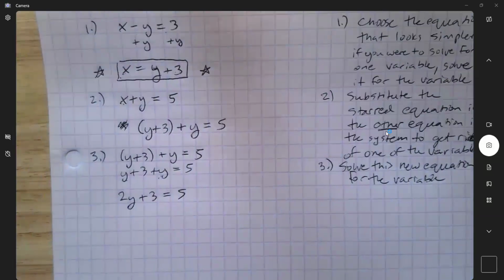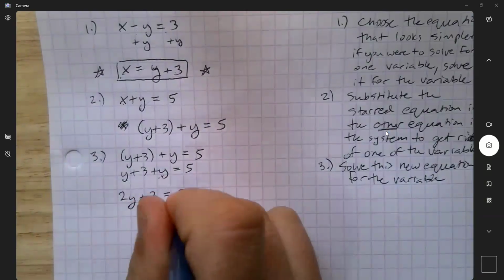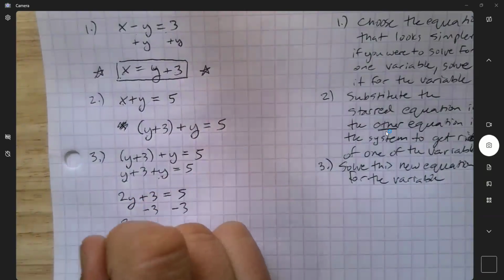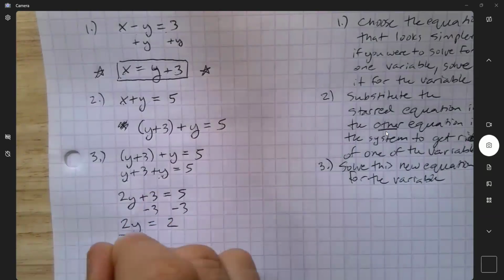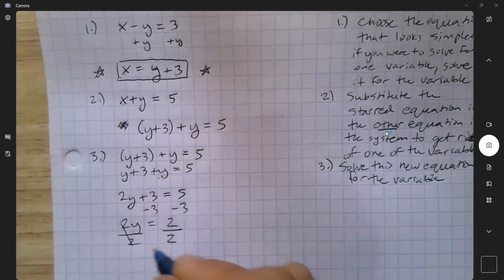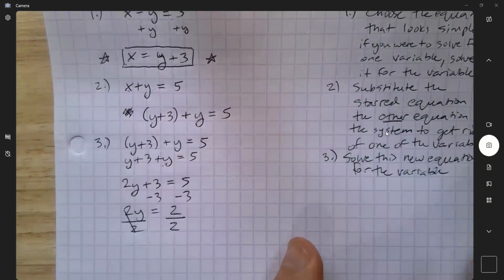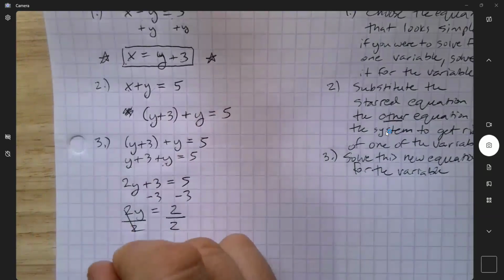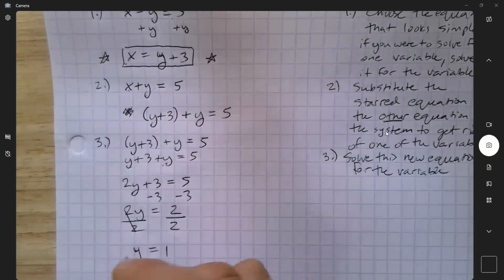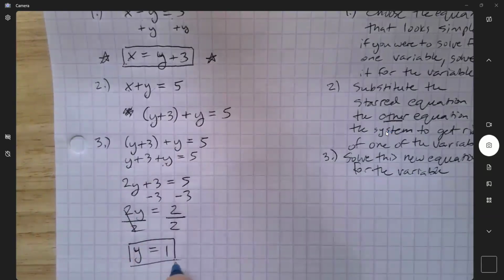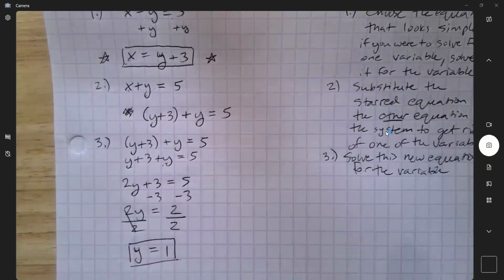I'm going to start by subtracting 3 from both sides to isolate the y. I get 2y equals 2. And then I'll divide both sides by 2 to get rid of the multiplication. And I have y equals 1. This is going to be one of my solutions.